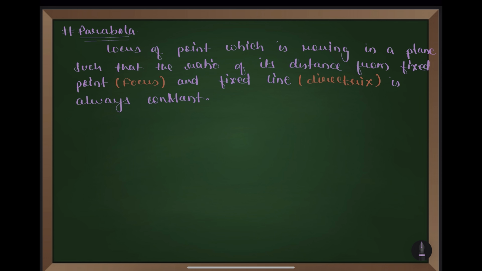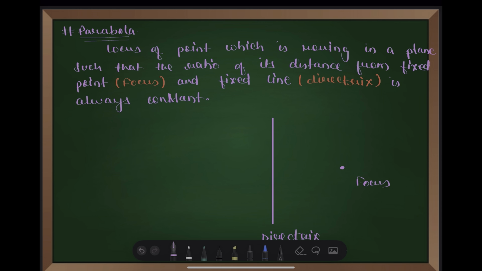Okay, so here we have a fixed point, we will call it as focus. So suppose that this is the fixed point, so it is focus. Okay, and suppose that this is directrix, the fixed line. So you got your focus, you got your directrix.